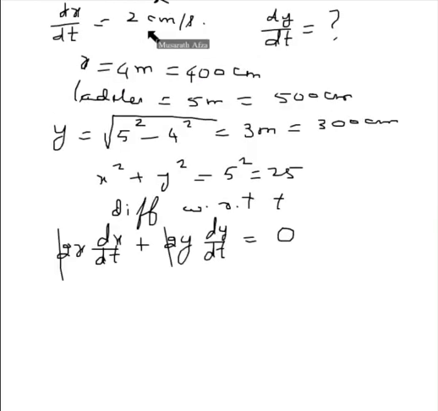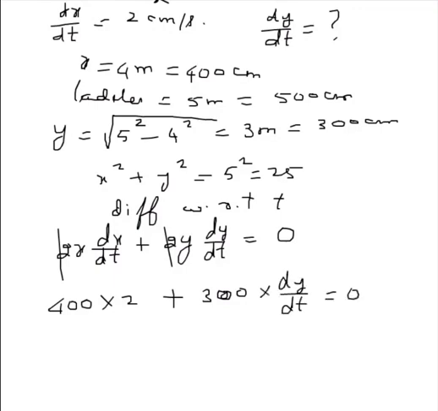Now all these values should be substituted only after differentiation, I have told you. But the length of the ladder is a constant, so that can be substituted, that's why we used 5 square here. Now I am substituting for x and dx by dt. Y is 300, we have calculated. Dy by dt we don't know, we have to calculate that. So dy by dt will become minus 800 over 300.